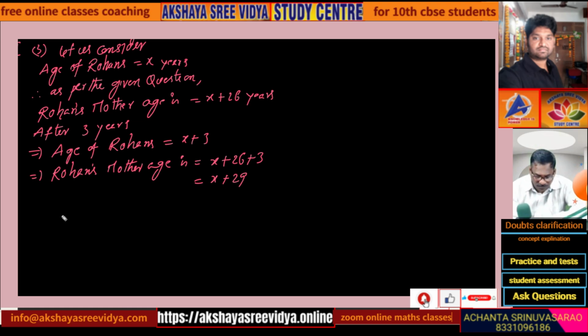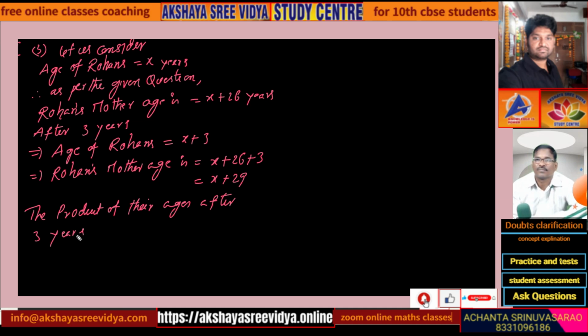The product of their ages after 3 years will be equal to 360.